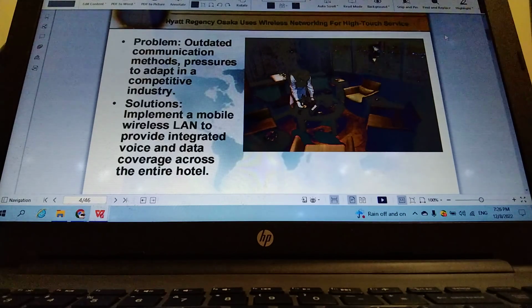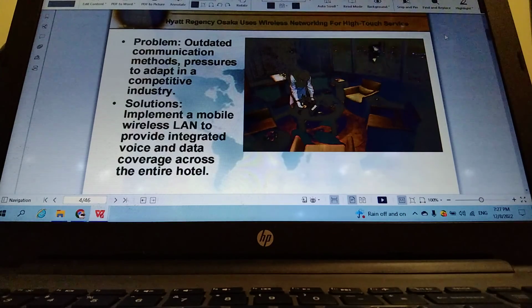So the solution that they are looking at is to implement a mobile wireless LAN. LAN means local area network. I'm very sure many of you are aware of this. Implement a mobile wireless local area network to provide integrated voice and data coverage across the entire hotel.